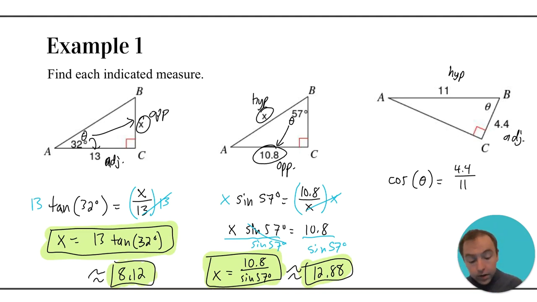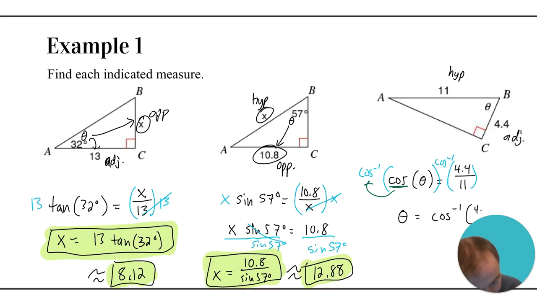So what we do here to get the theta alone is an inverse. So we would do a cosine inverse to both sides, because then plugging a cosine into a cosine inverse, they'll cancel each other out and just give you the theta alone. So theta is going to be whatever the cosine inverse of the ratio 4.4 over 11 is.